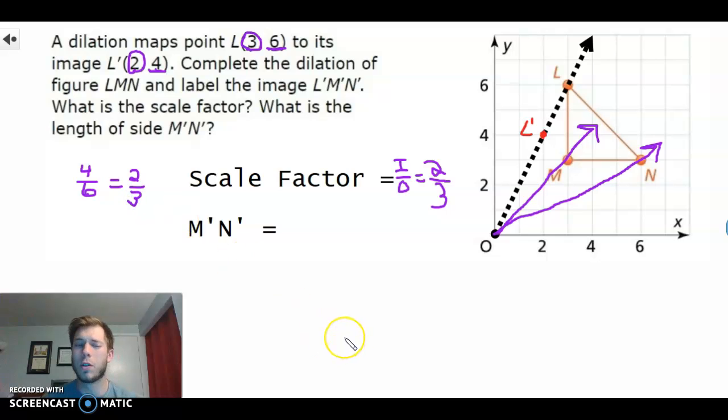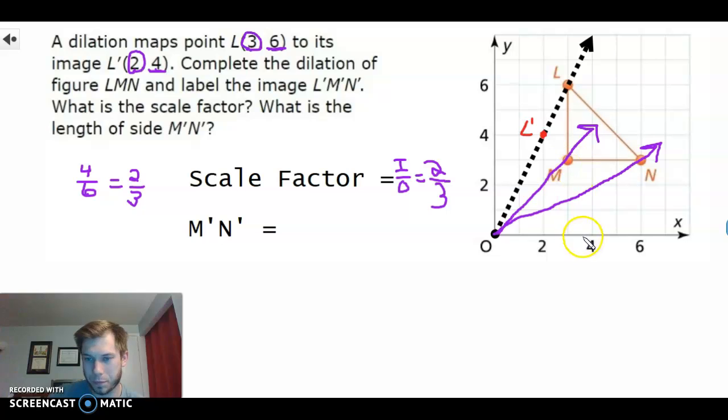So it works a little bit like constant proportionality when we've talked about that before, or maybe slope. It's not the same, but it's that same idea of a ratio that's going to be constant throughout the figure and the image.